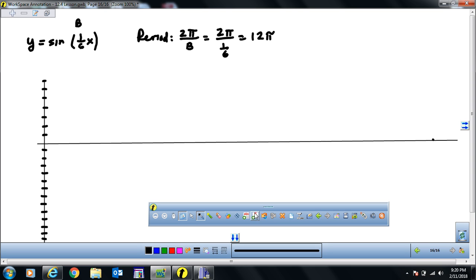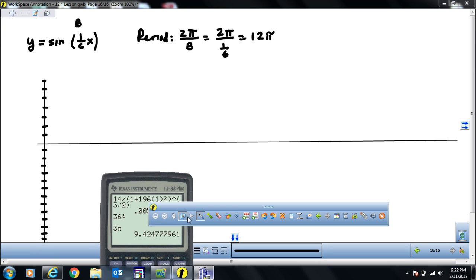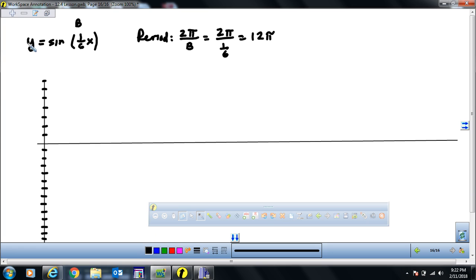So I need to divide it into 4 to get the interval for each point. So 12 pi divided by 4 gives me 3 pi. So every value is going to be 3 pi. And how much is 3 pi approximately? In radians, it is 9.42. I just want to make it as exact as possible. So every 3 pi is 9.42, so it's going to be like 9 of these units, approximately. So approximately we can say that 9 units will be like, let's say, right here. So that's 3 pi.